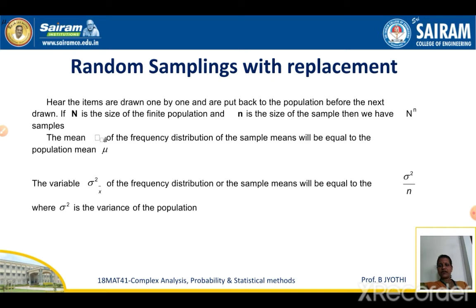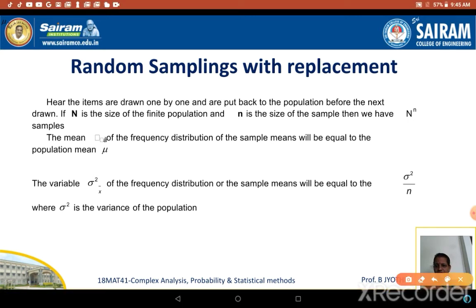Next comes random sampling with replacement. Here the items are drawn one by one and are put back into the population before the next draw. If capital N is the size of the finite population and small n is the size of the sample, then we have N power n samples. The mean, that is x bar, of the frequency distribution of the sample means will be equal to the population mean, that is mu.